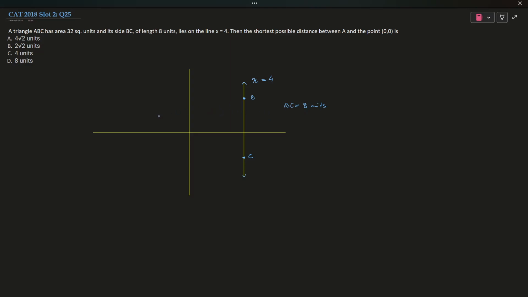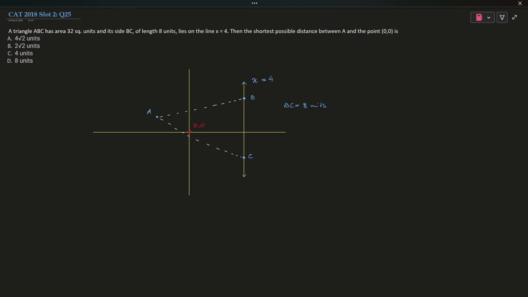Let us take any point A, I am taking it randomly. Okay, this is the triangle ABC. This is the origin, 0, 0.